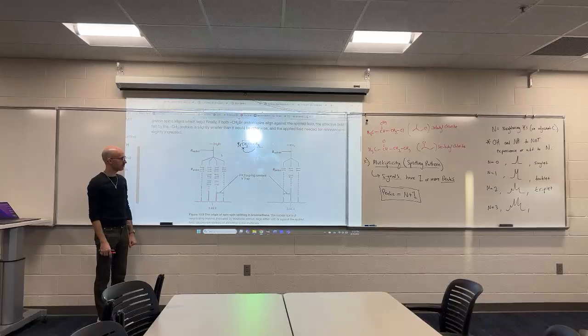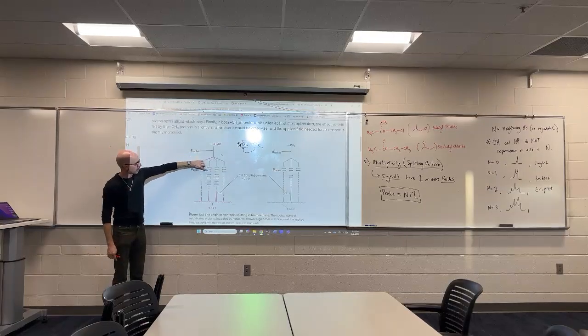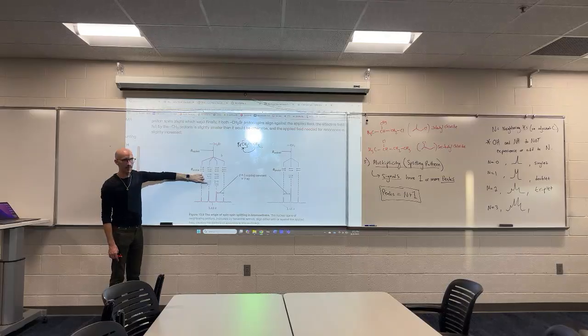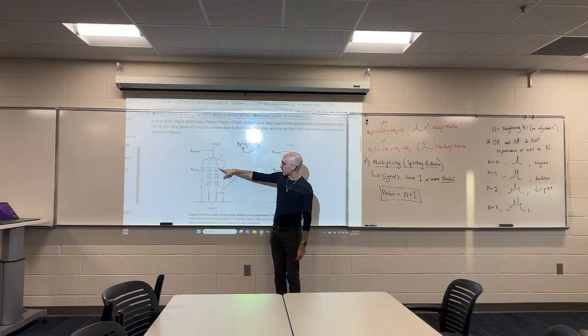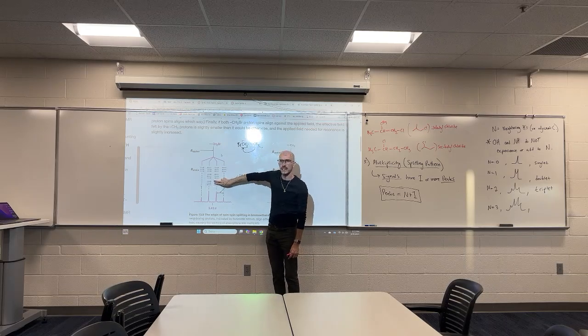Or one is out of alignment with the others, and again, where 2 of them are always spin up. Or one of them is always out of alignment with the others, and again, but 2 of them are always spin down.